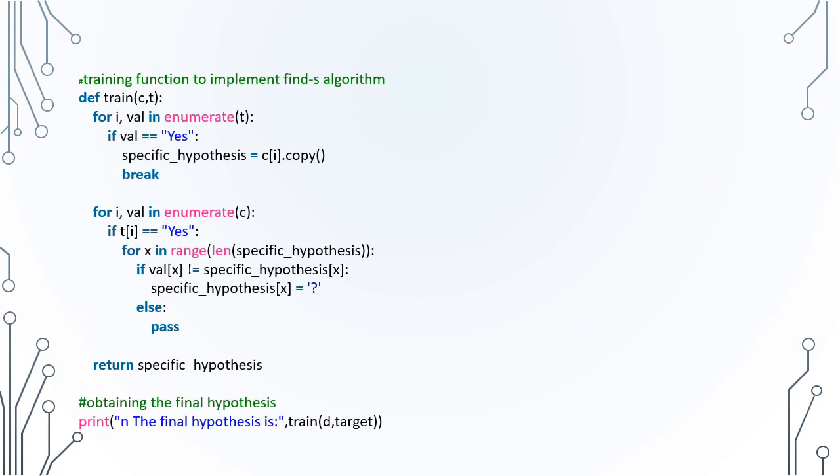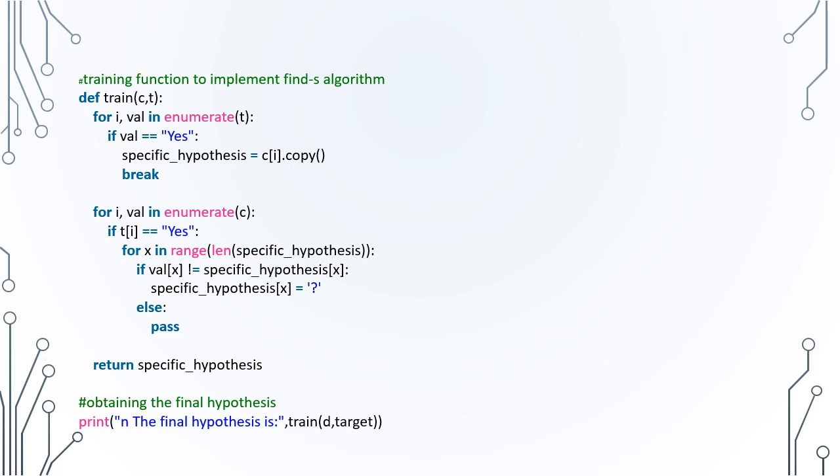Here we are defining the function to implement the Find-S algorithm, train(c, t): for i, value in enumerate(t), if value equals yes, then the specific hypothesis equals c[i].copy(). If it is not, then it moves on to the next.